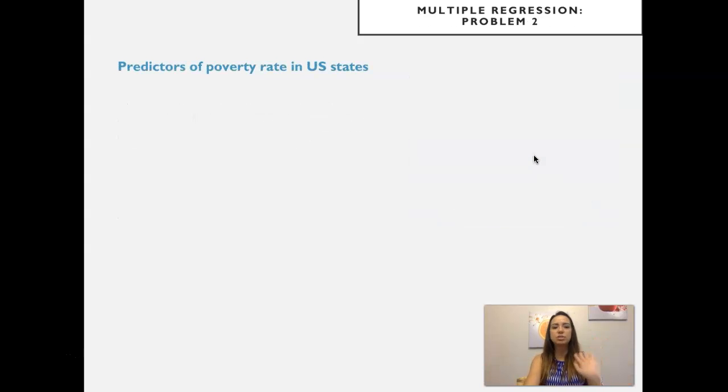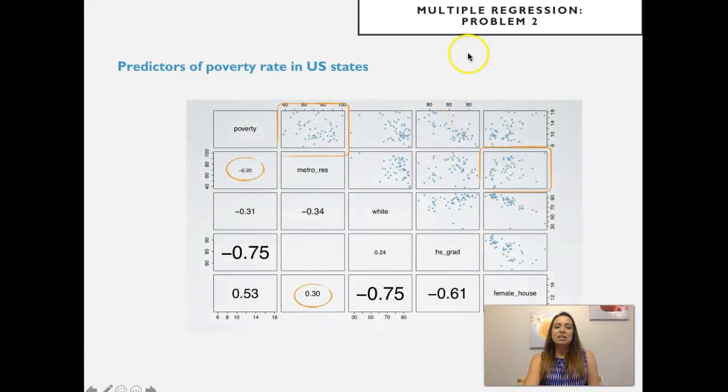All right, let's go to a different problem where we expand things a little bit more. I want to introduce you to this type of plot because it allows us to get an overview of a multidimensional data set, a data set that has a bunch of potential explanatory variables and one dependent or response variable.